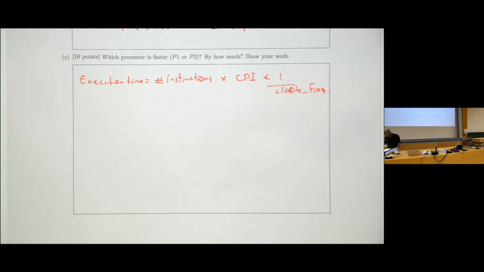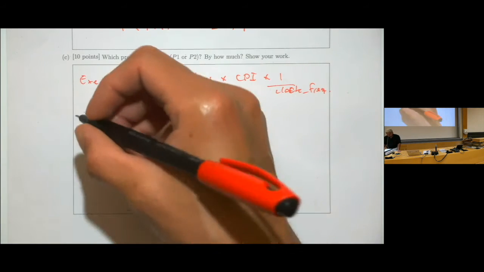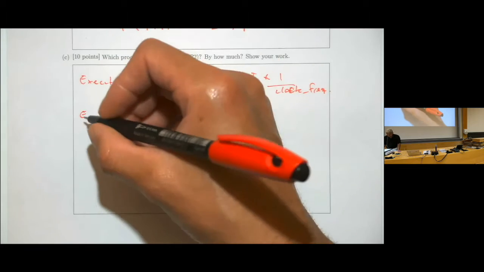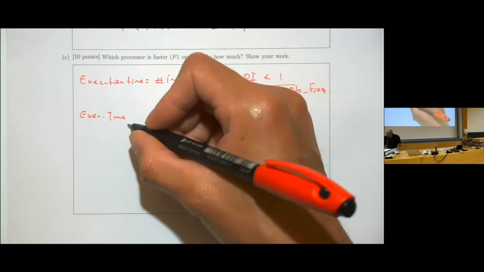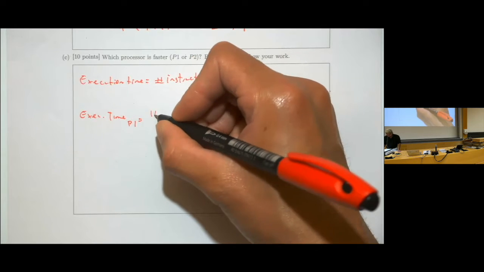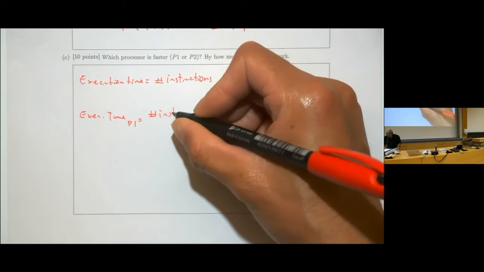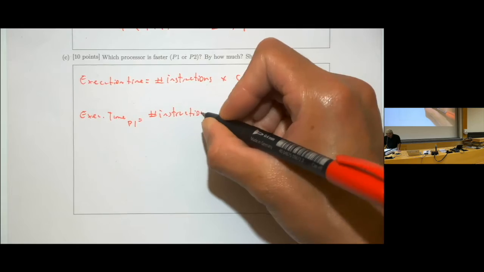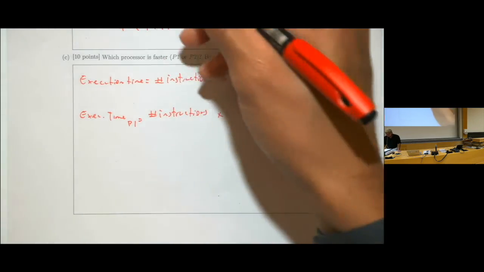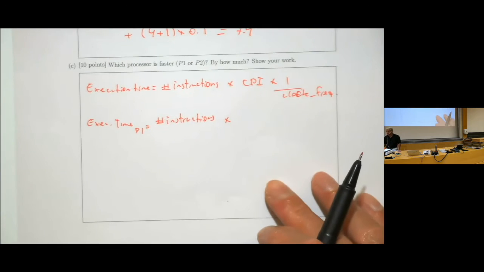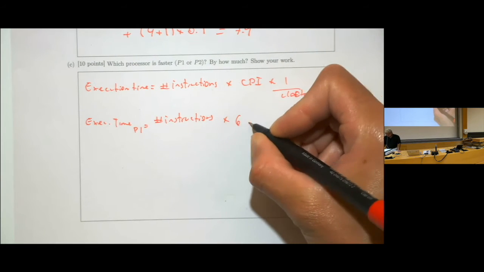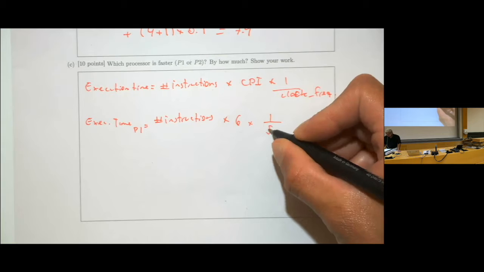So we are going to assemble this for both processors. The execution time of processor 1 is going to be the number of instructions executed times the CPI that we calculated in the previous question, 6, times 1 over its frequency.